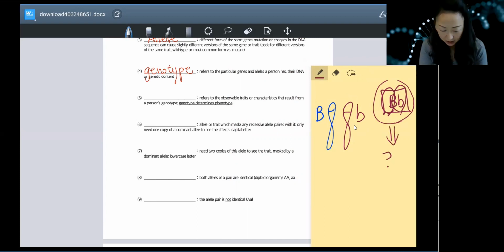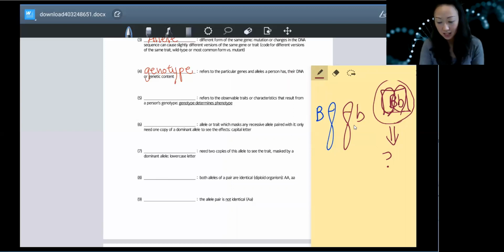Well, that's called number 5. The observable trait or characteristic that results from a person's genotype. So what do you think this person's hair color is going to be? A lot of times the darker pigment is going to trump the lighter pigment. So let's say this is going to be kind of a brunette or a black. Let's go with the more simple understanding instead of a middle ground.